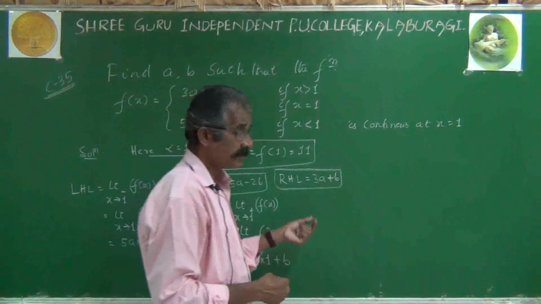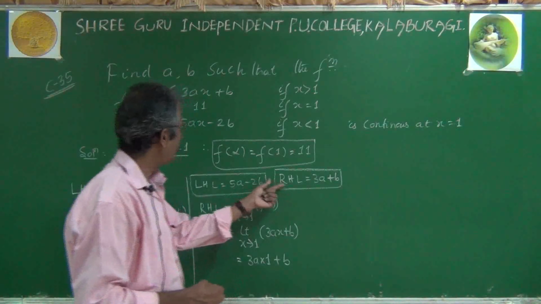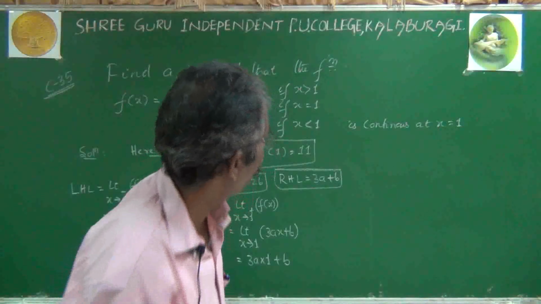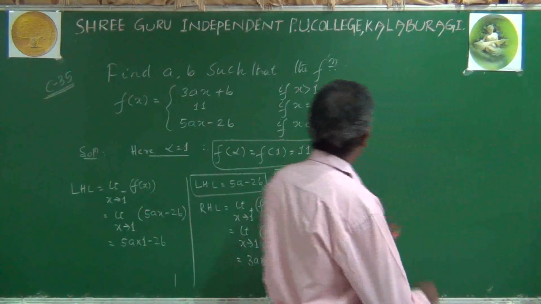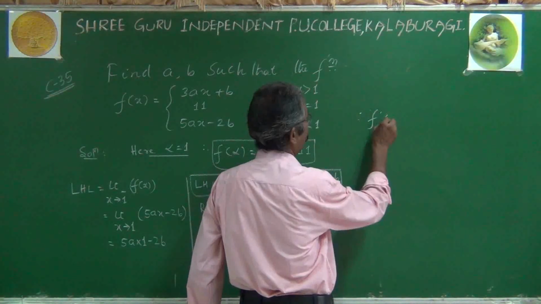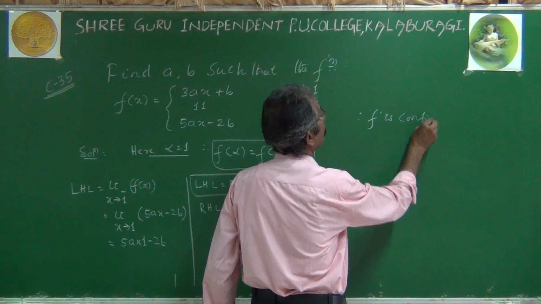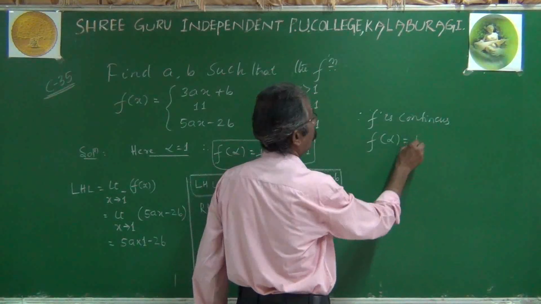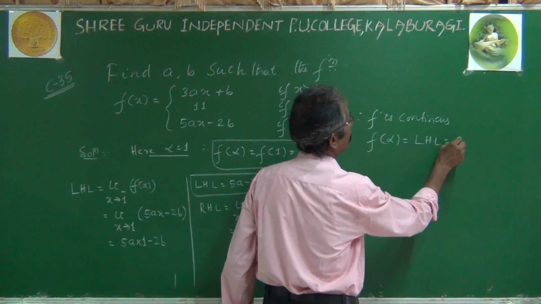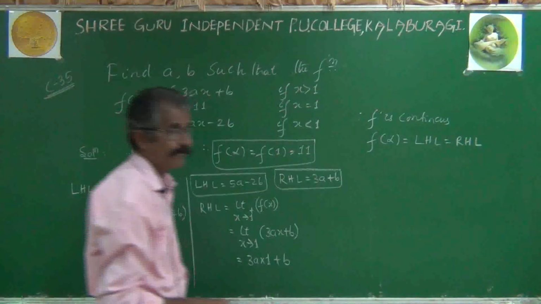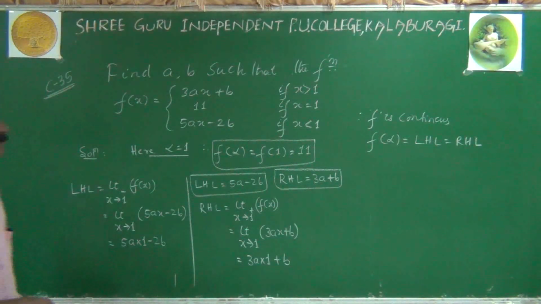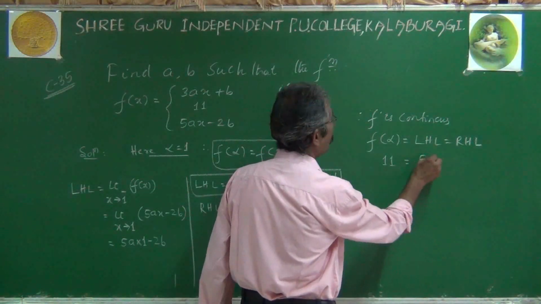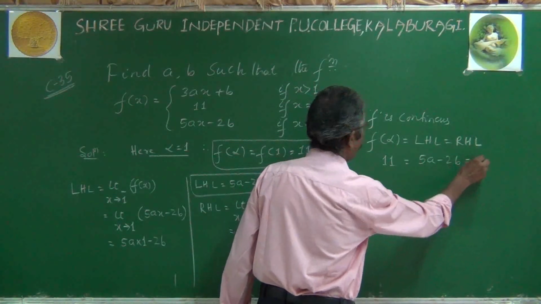Since the function is continuous, naturally LHL equals RHL, that is equal to f of alpha. Since f is continuous, therefore f of alpha equals LHL equals RHL. f of alpha is 11, LHL is 5a minus 2b, RHL is 3a plus b.